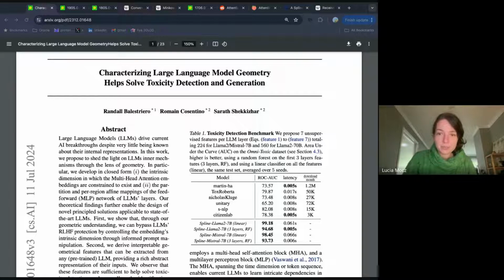Today we're going to be talking about this paper titled Characterizing Large Language Model Geometry Helps Solve Toxicity Detection and Generation. This paper has been out for a few months now. When it was released, it caused quite a bit of a stir, and for very good reason.